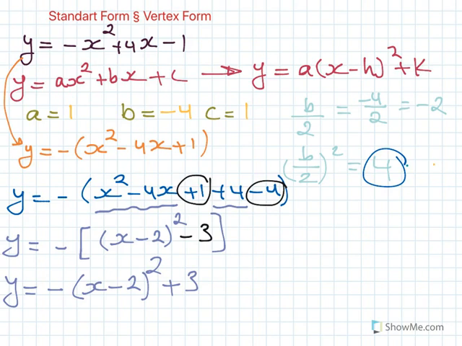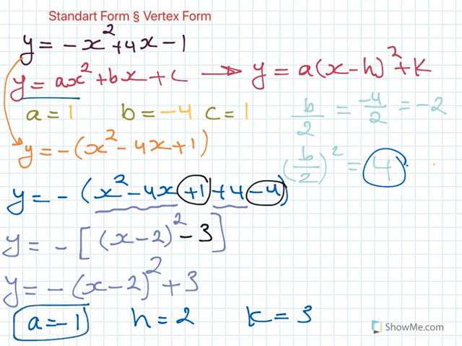It's a is -1, h is 2, k is +3. And a good way to check if your answer is correct is by looking at a, which should have the same value as in the previous one. So a here is -1, and previously a was 1, but of course we multiplied by negative, so a actually was -1, as you can see right up there. A was -1.